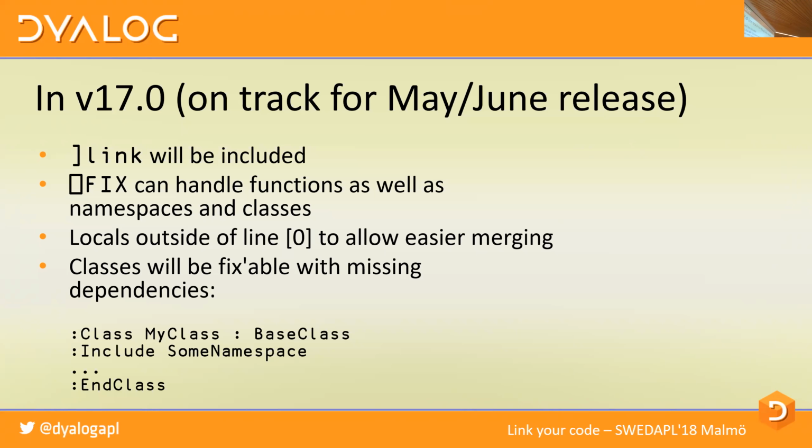One thing very, very important, everybody who's heard about this is just clapping and cheering. It used to be such that if you tried to define a class like this and the base class wasn't defined already, or the namespace that you were including wasn't defined already, the fix would fail. That's a problem if you have a bunch of files in a folder and you fix them in alphabetical order instead of in somehow computed dependency order.